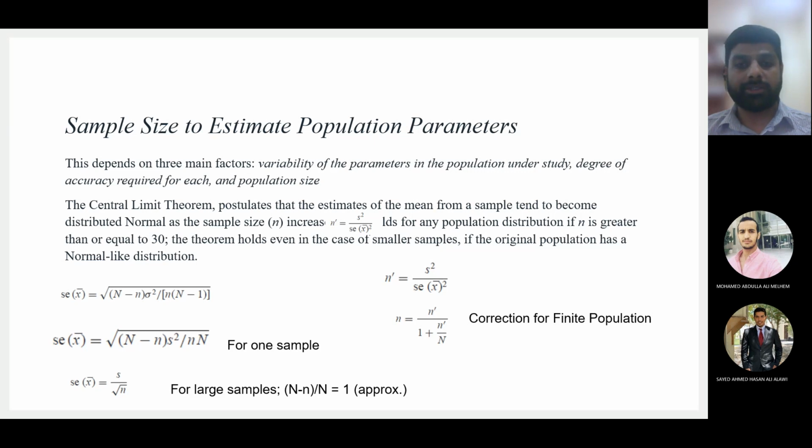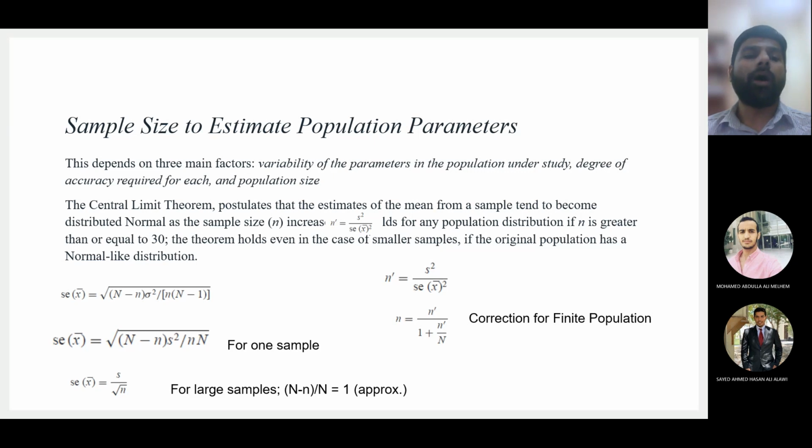Because according to researchers, any sample which is taken correctly from a population should follow normal distribution. So that's why we can apply the central limit theorem, because the central limit theorem is for normal distribution of variables.